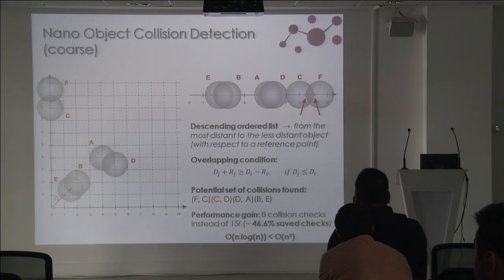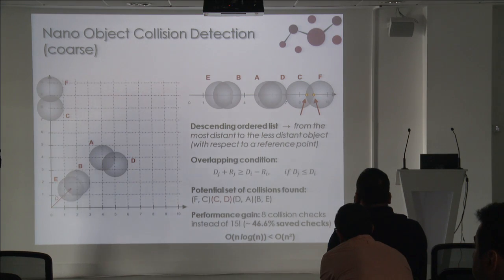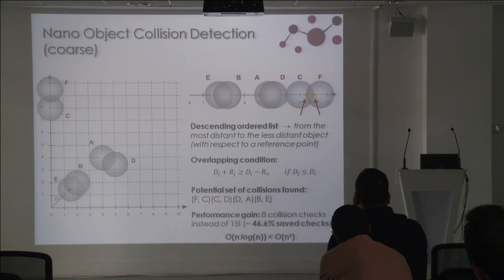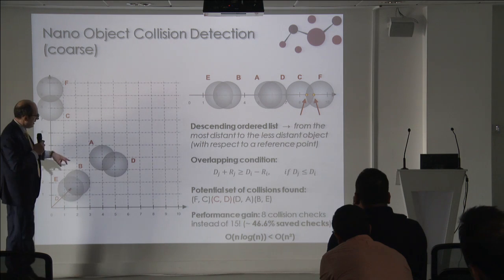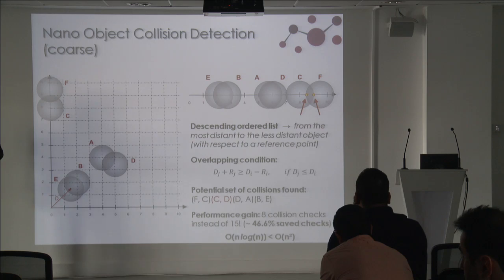So it is a coarse approach just to verify that a necessary condition for a collision to happen is verified. And the necessary condition for a collision to happen is that all objects have a distance from the origin that is more or less the same.